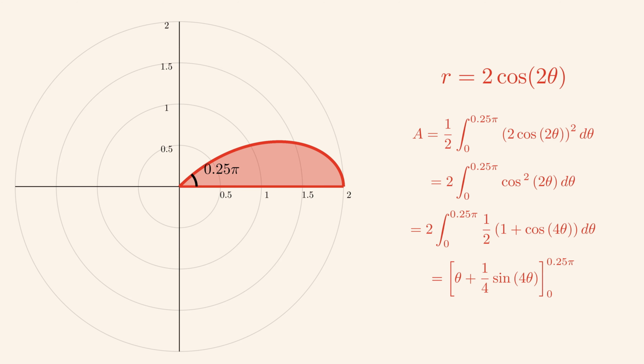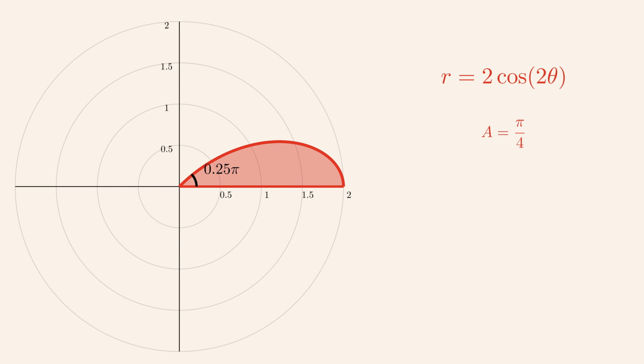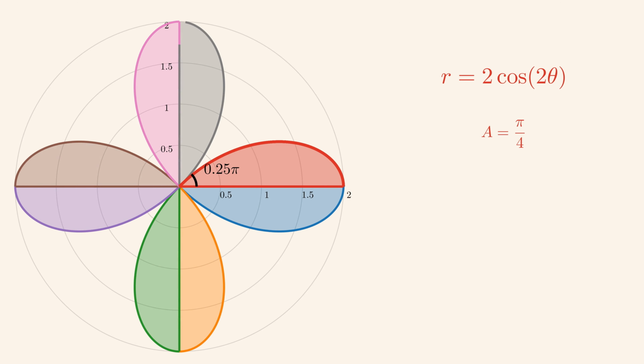Substituting the limits gives us pi by 4. So pi by 4 is the area of this red portion. But remember, the rose is made up of 7 other matching portions with the same area. Therefore, we multiply by 8 to get the total area of the full rose curve.